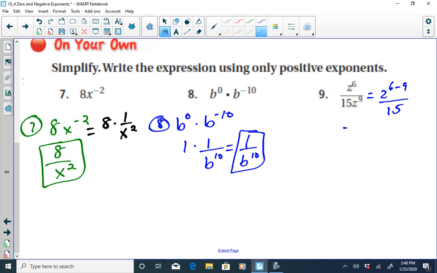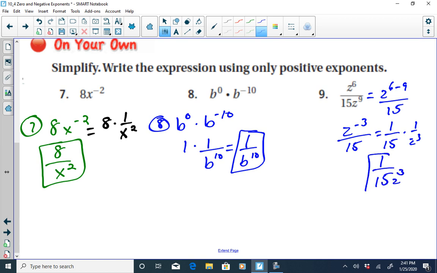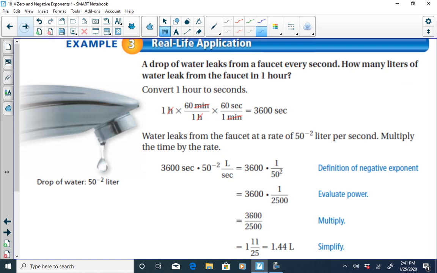So that's going to be z to the negative 3 over 15, which is the same as 1 over 15 times 1 over z to the third. A little sloppy with the 3 there, but it's the best I can do with the computer. Let's erase that, try that again. Right, that's 1 over z to the third, and that's going to be 1 over 15z to the third power there. All right. Now we continue.